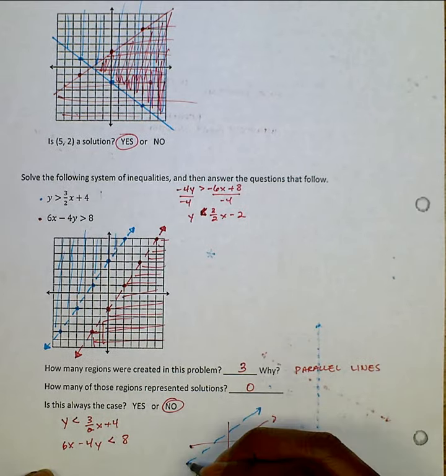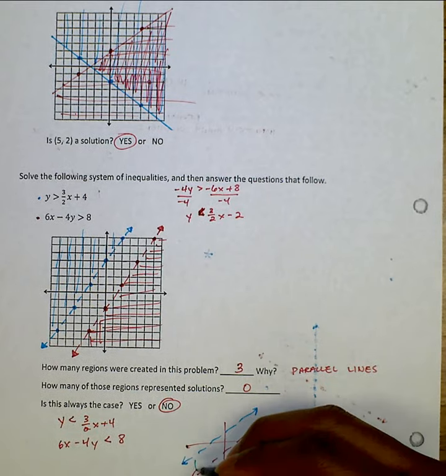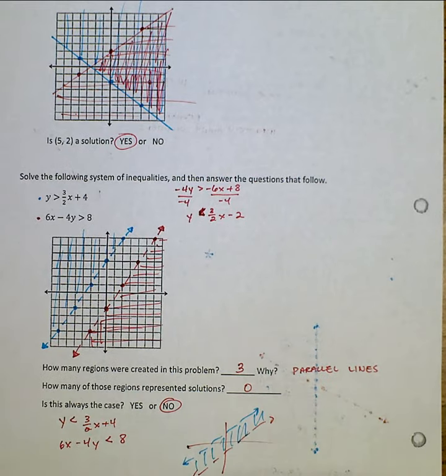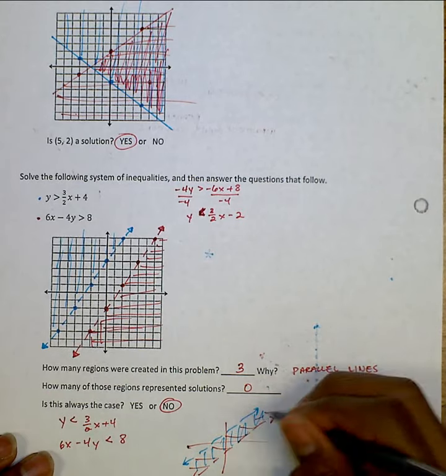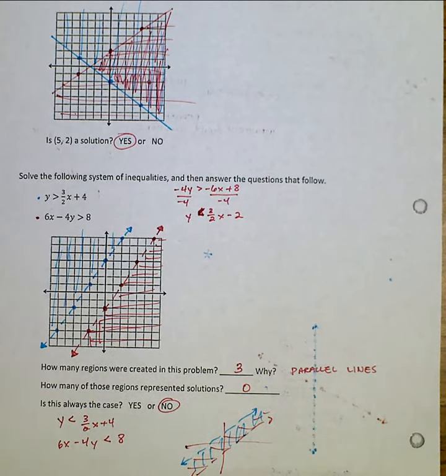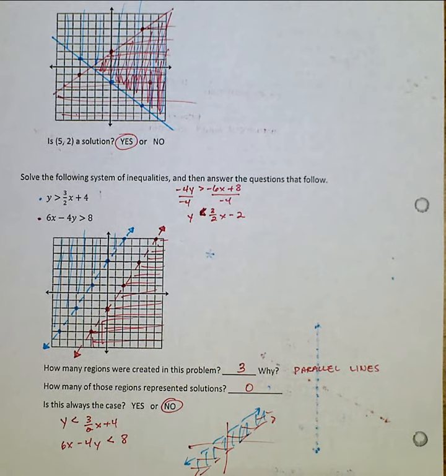And we would have shaded below for the blue and above for the red. So just because they're parallel does not mean that there's no solution. But because we have parallel lines, it did change how many regions we had.